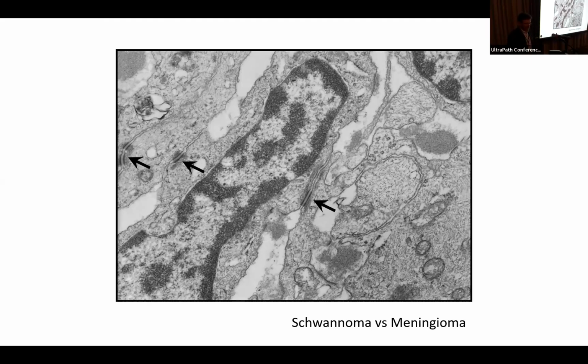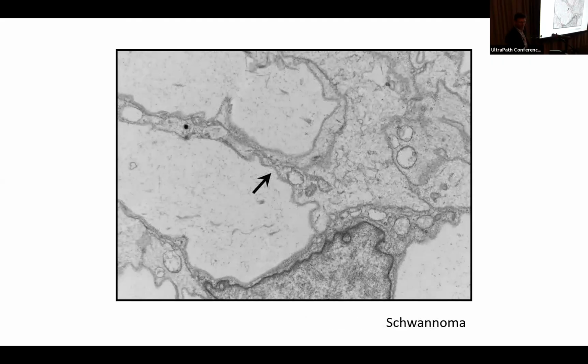And so this is still one of the questions that we get involved with occasionally: is this spindle cell tumor at the surface of the brain a meningioma, or could it be a cranial schwannoma? If a demonstration of those desmosome type junctions shows that to be a meningioma, and meningiomas have many desmosomes, and schwannomas do not.